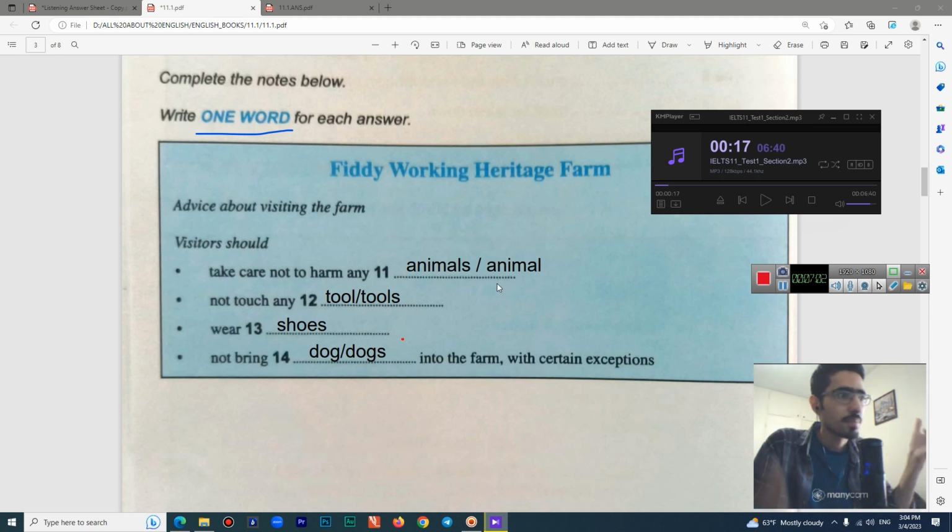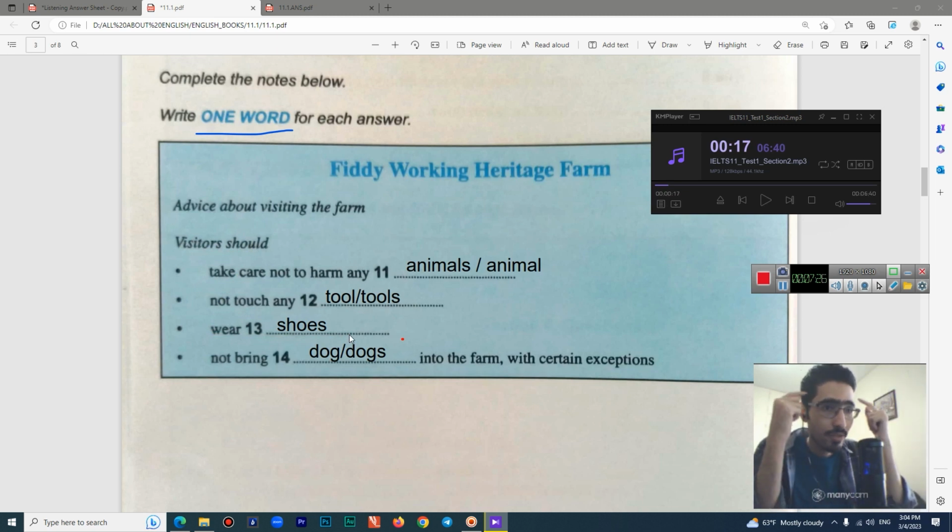It is a noun. Visitors should not touch any, I don't know, animals, any expensive things, any farming stuff, something like that. Visitors should wear something, should wear a hat, should wear a t-shirt, should wear a what?